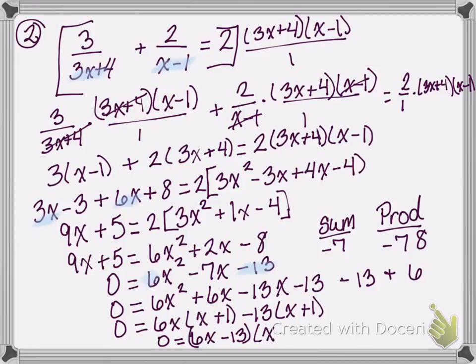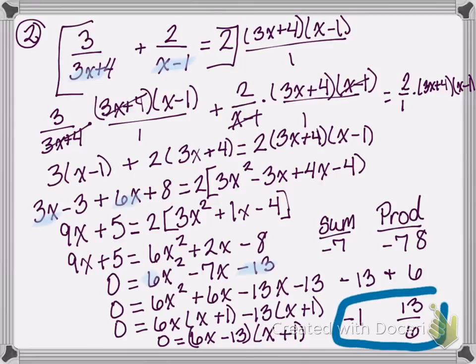And those are my factors. And we know that when we have factors, we have solutions. So here, the x plus 1, my solution would be negative 1. And for this 6x minus 13, I set that equal to 0 and solve for x, and I would get positive 13 over 6. So my answer here is negative 1 and positive 13 over 6.